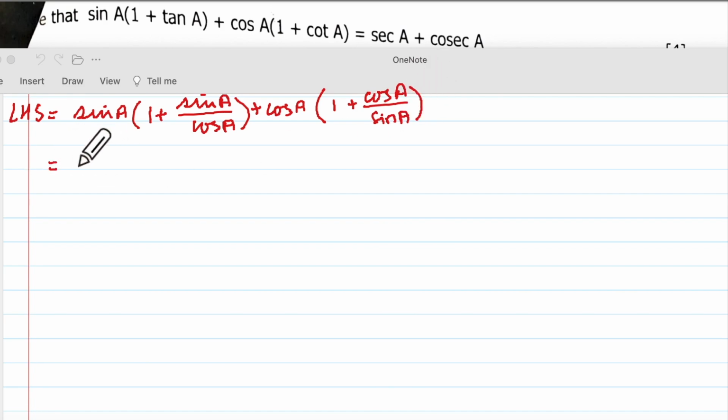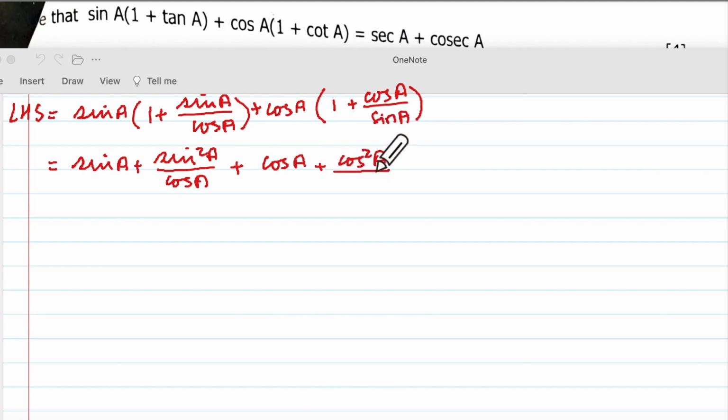Yes. So that will give us sine A plus sine square A upon cos A, open the brackets, and cos A plus cos square A upon sine A. Now keep looking at this.